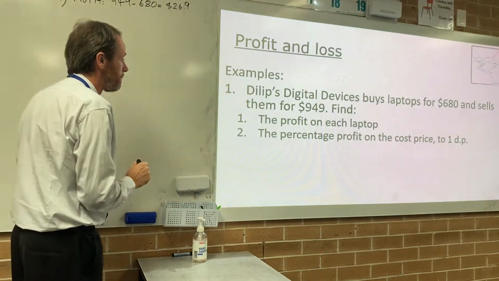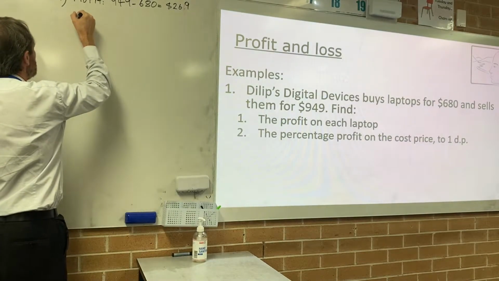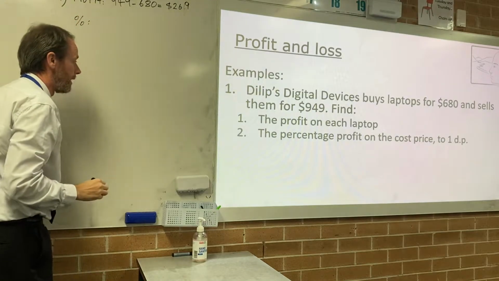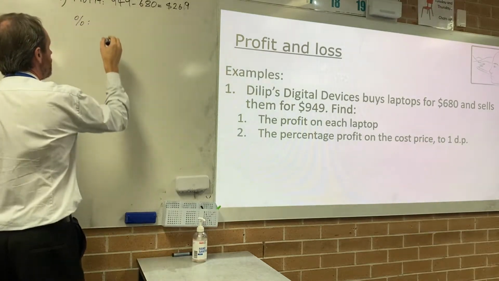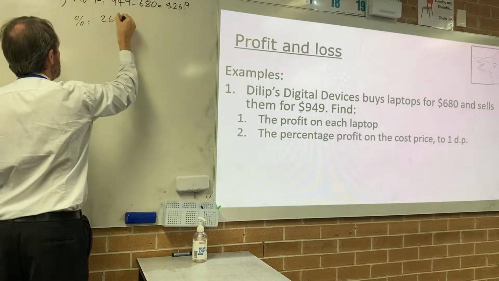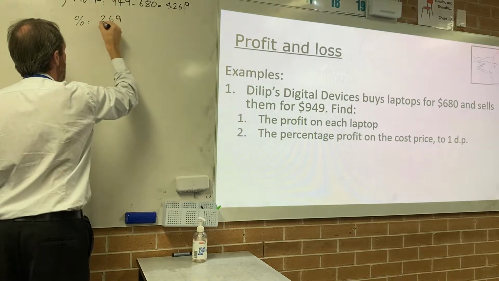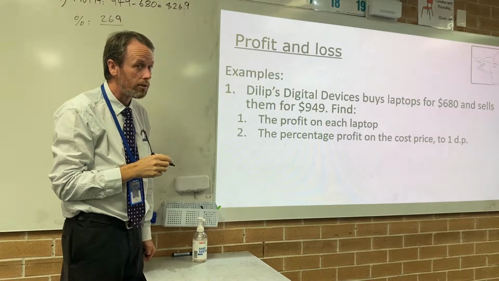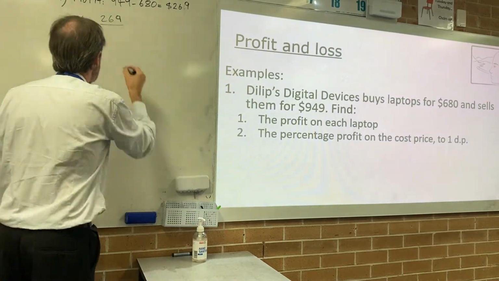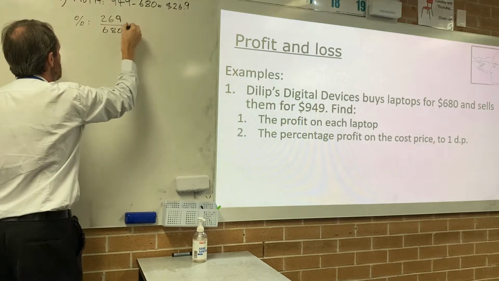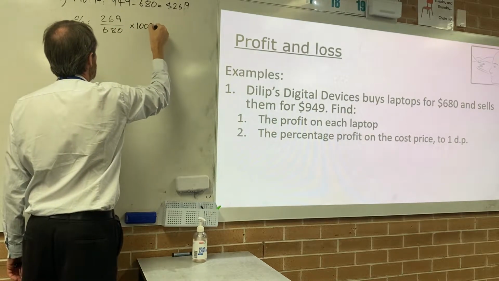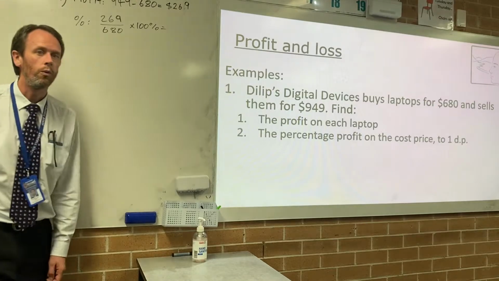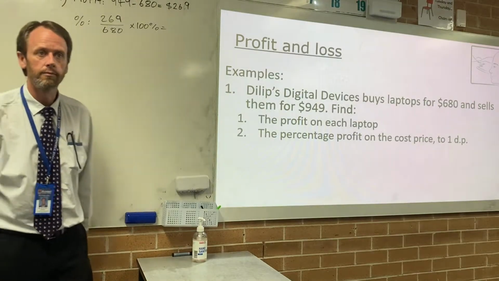So we want to find the percentage of the profit, 269, out of, what was the cost? 680. 680, thank you. Out of 680 times 100%. All right, here's your calculator. What's his percentage profit?